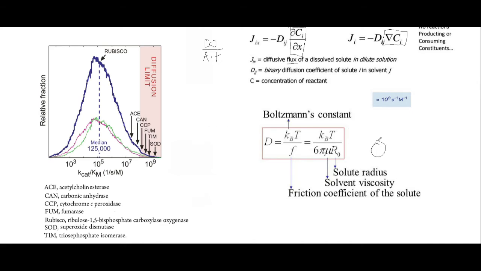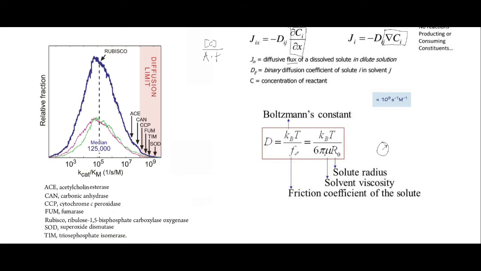So if we just model our substrate as a sphere, and then we just get the radius of that for this, and solvent viscosity is sort of how slimy your liquid is. So something like water has a somewhat low viscosity compared to, say, maple syrup.